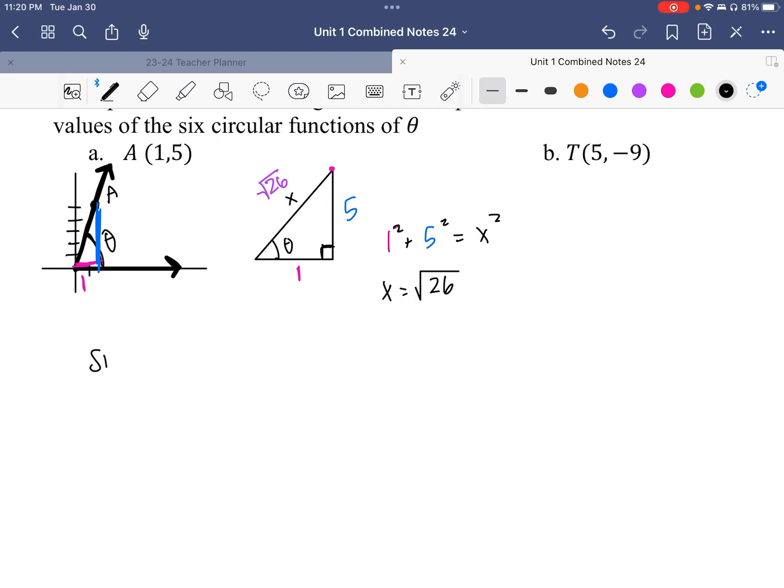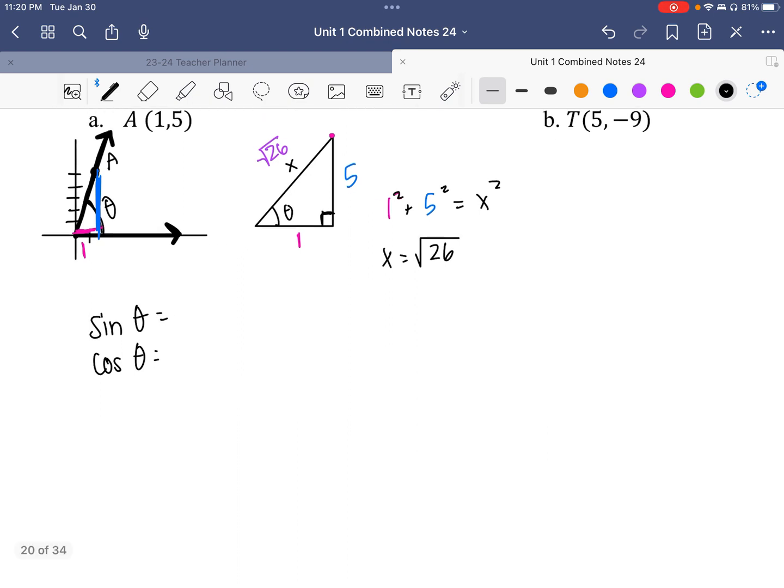So we are looking for the sine of theta, the cosine of theta, the tangent, the cotangent, the secant, and the cosecant of all of these. Remember, sine is always your opposite over your hypotenuse. Well, 5 is my opposite, and my hypotenuse is the square root of 26.